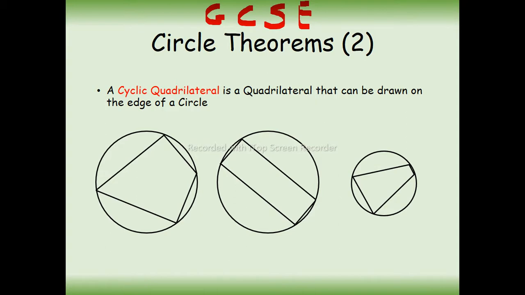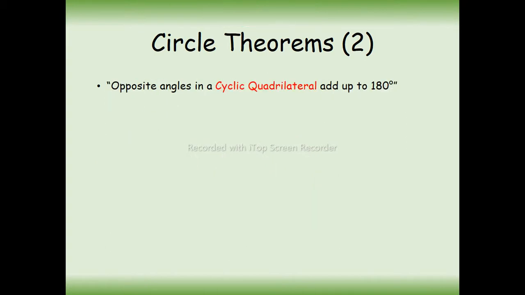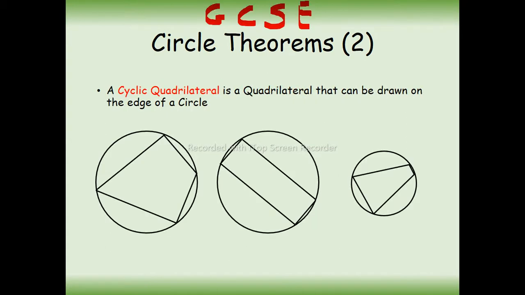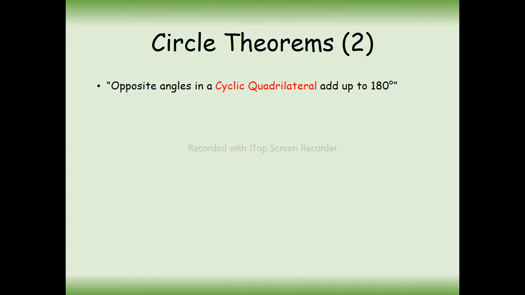God help us. All right. Now that we know the definition of cyclic quadrilateral, we can use the idea in our theorem. This is the fourth theorem that we are going over.